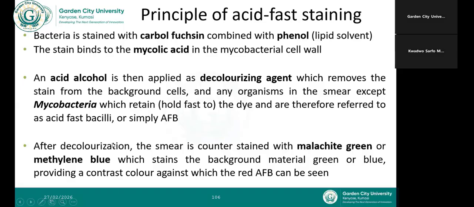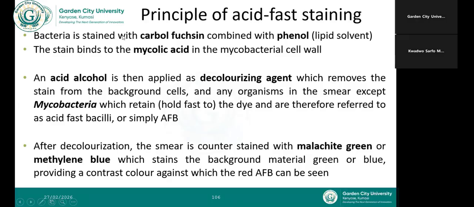And then you add a counter stain, which is malachite green or methylene blue. This will stain the background and any organism that had the carbol fuchsin removed in the course of decolorizing. But the mycobacteria that have high mycolic acid content will retain the carbol fuchsin. They will hold fast to the carbol fuchsin. That's why they are termed as acid fast.